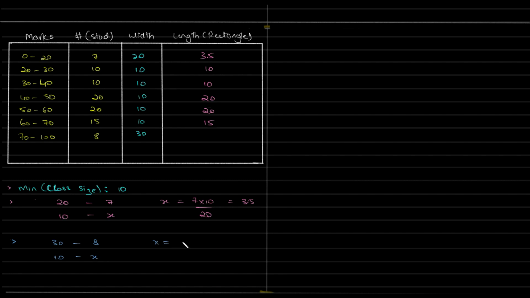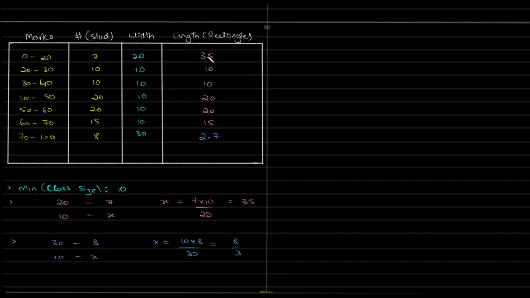So x is equal to 10 into 8 by 30. This is 8 by 3. That is 2.666, correct, 2.67. I think I should be writing 2.7.